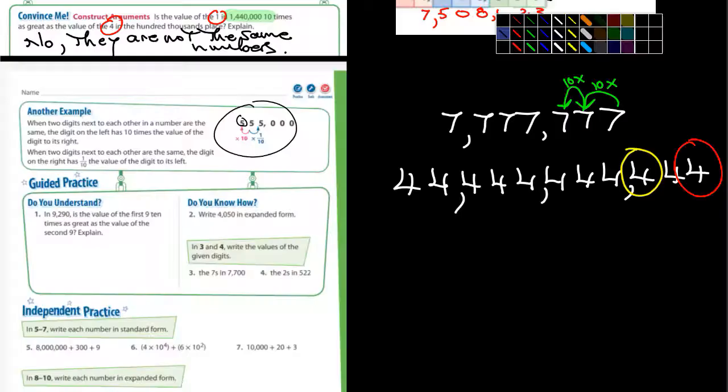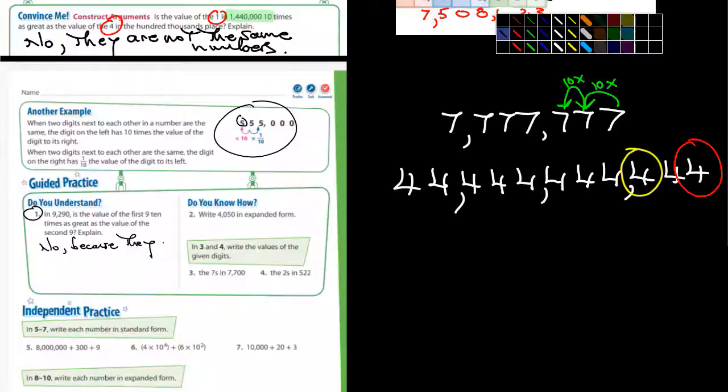So for example, if the number was 9,999, the value of the red 9 would be 10 times greater than the value of the green 9. And another example would be the value of this 9 right here would also be 10 times greater than the value of the green 9.